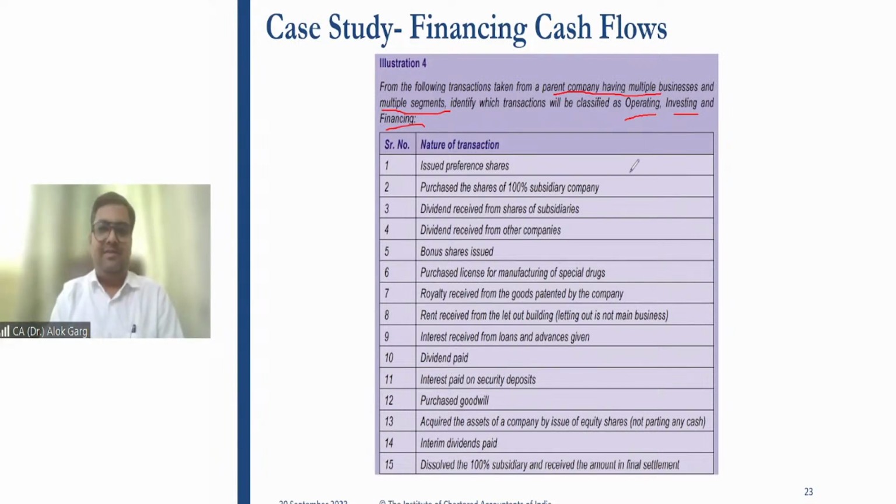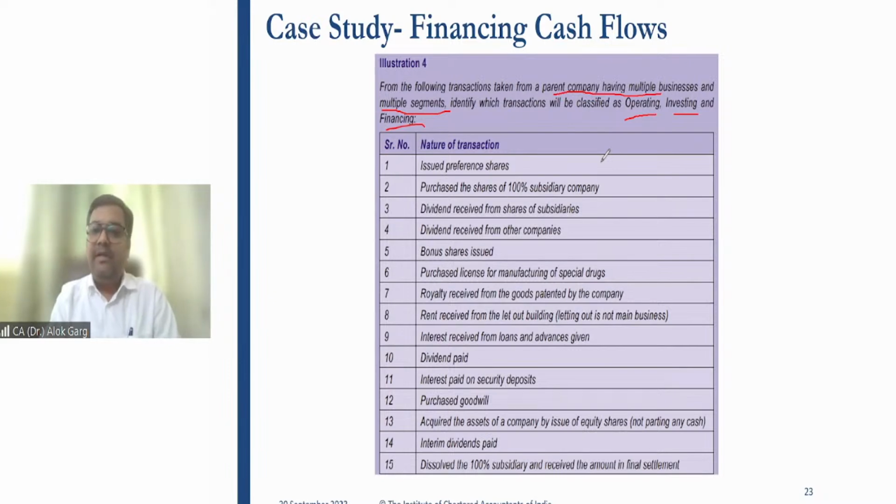Issued preference shares. The company has issued share capital. Is it operating, investing, or financing?